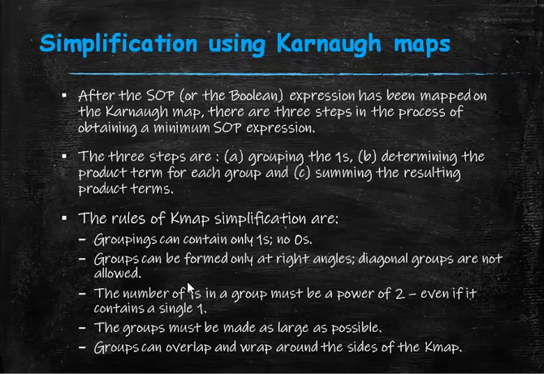That is, a group must contain 1, 2, 4, 8, etc. ones. And the group must be made as large as possible, and the groups can overlap or wrap around the sides of the K-map.